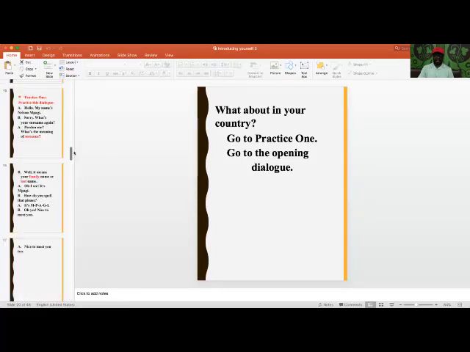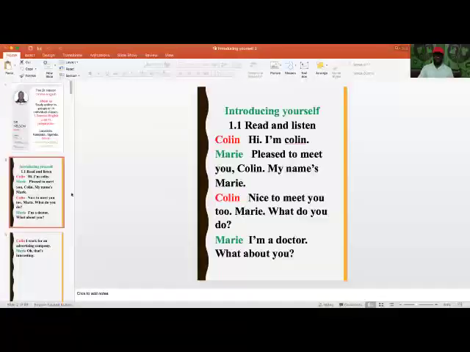Okay. I'm going to play the recording. Read and listen. I want you to copy the intonation, the way they pronounce the words, the way they change their voice.